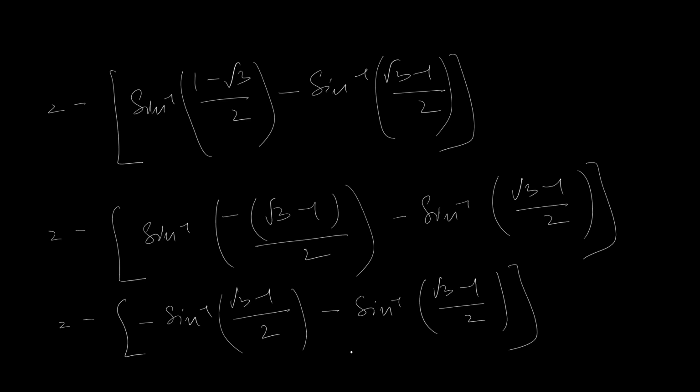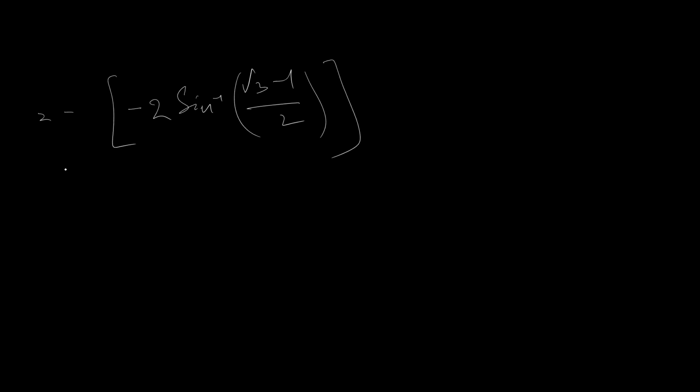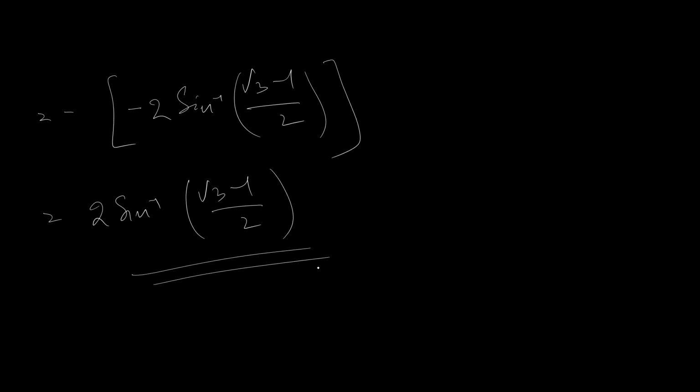Ultimately I get −[−2 sin⁻¹((√3 − 1)/2)]. If I multiply it, I get 2 sin⁻¹((√3 − 1)/2). This will be the answer.